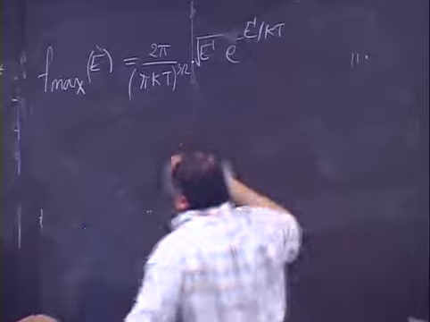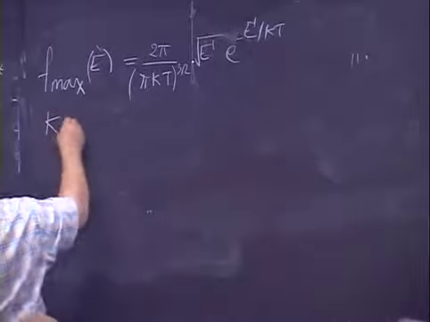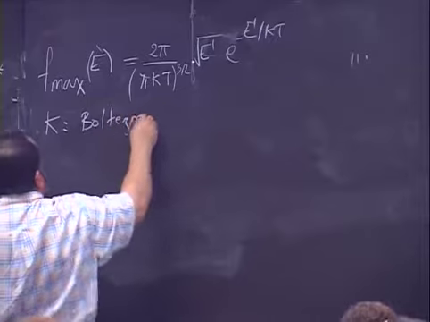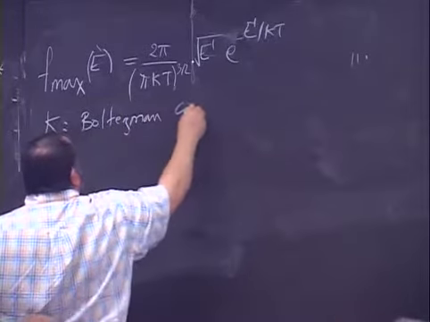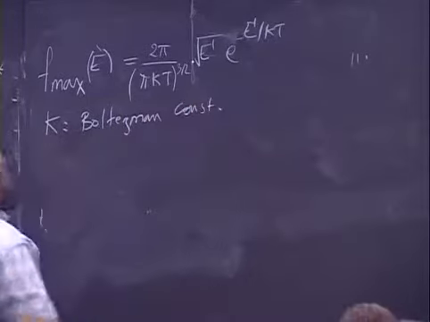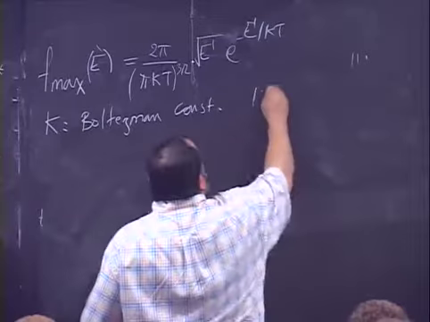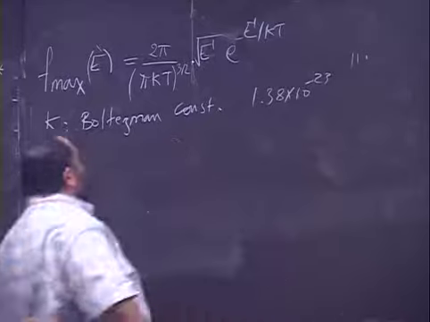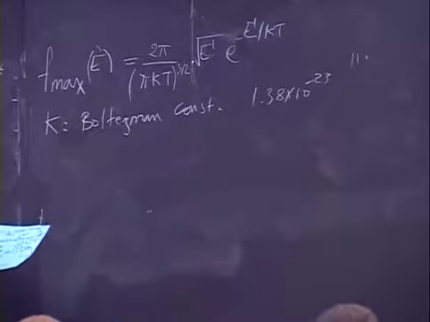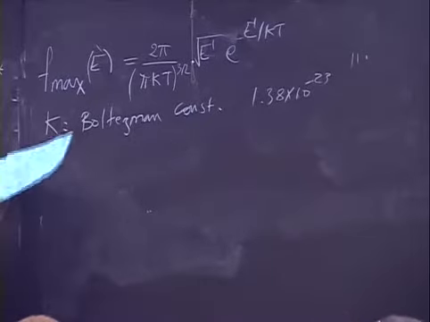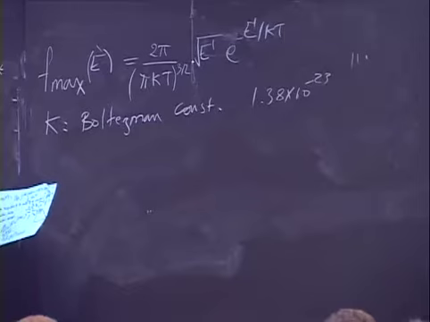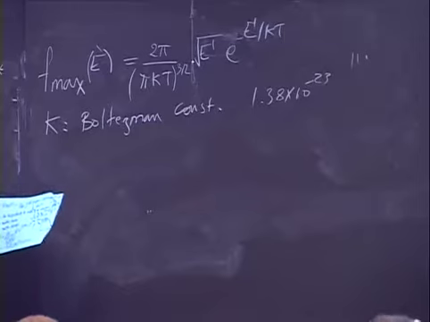Again, k is just the Boltzmann constant, as I remember, 1.38 times 10 to the power of minus 23. Okay, T is the temperature, and pi is the ratio of the perimeter to the radius.